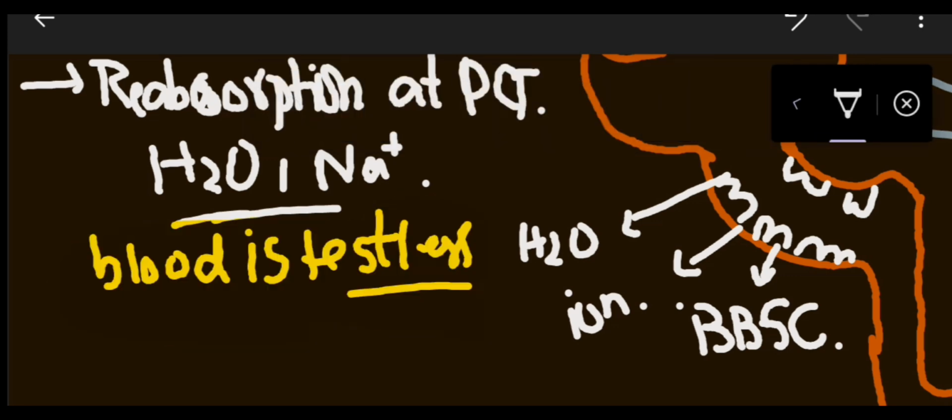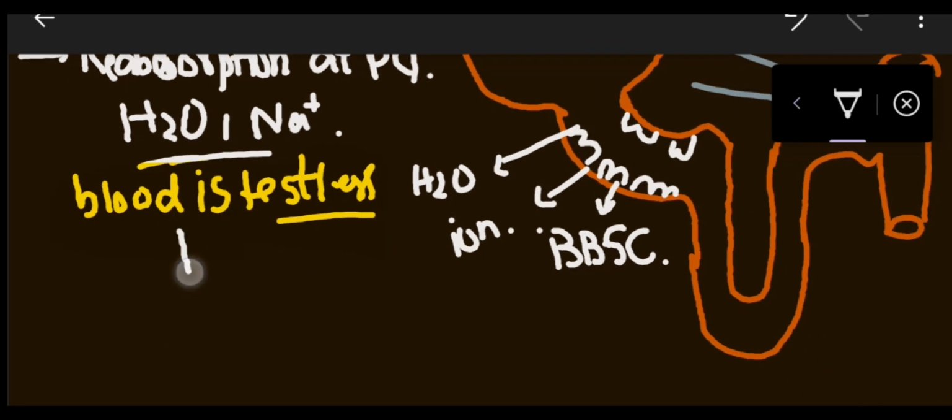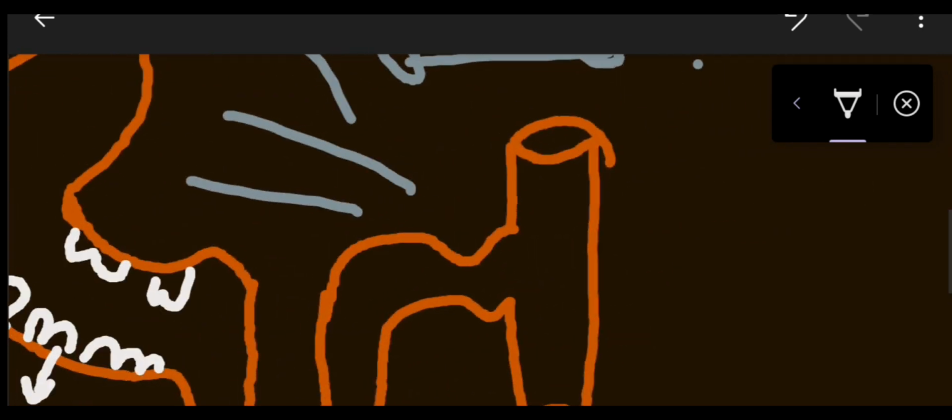Okay, fine. After this, when the blood is tasteless, as we know, here we have one type of cells known as macula densa cells, and these are cells of the DCT. Here in the DCT, these cells are present, and they are named macula densa.